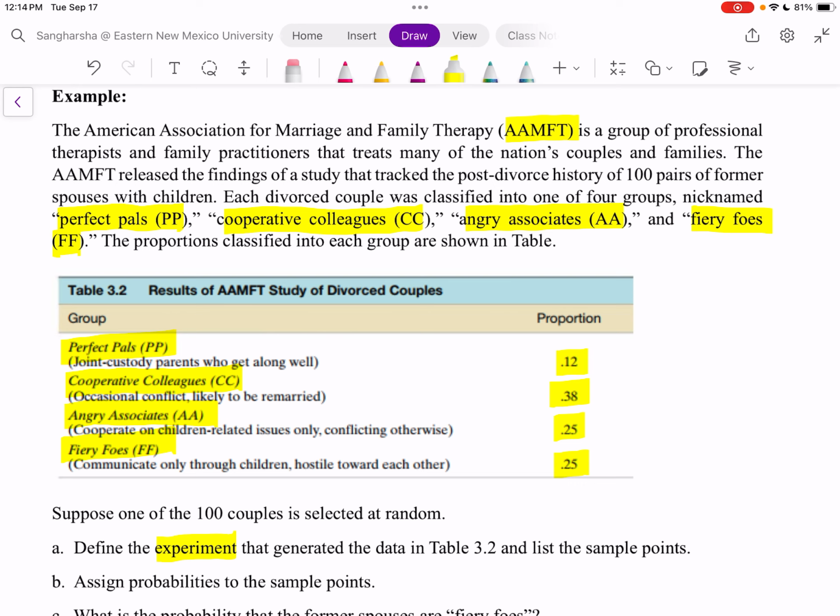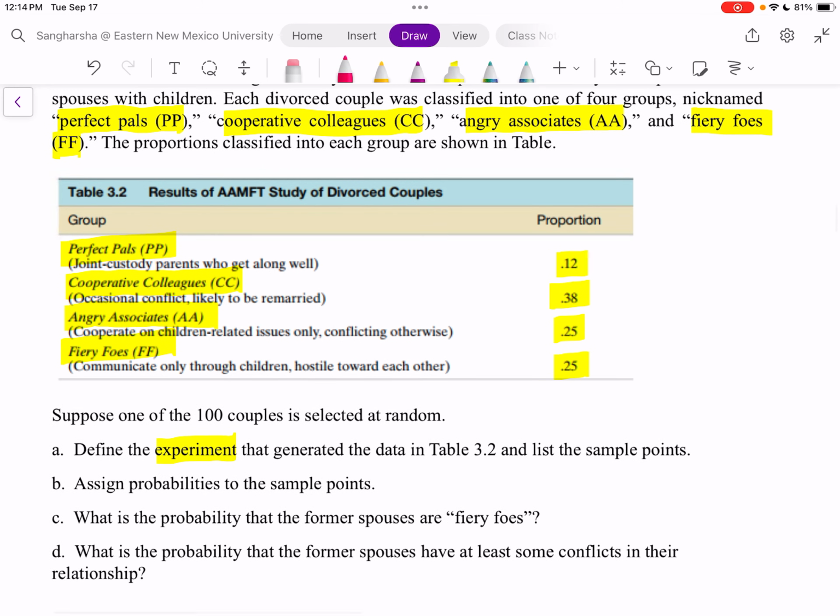Yes, or the other way to see it is that they are classifying these 100 pairs of former spouses, right? So classifying is the experiment here. Our experiment is classifying the randomly selected couple. So that's the experiment here.